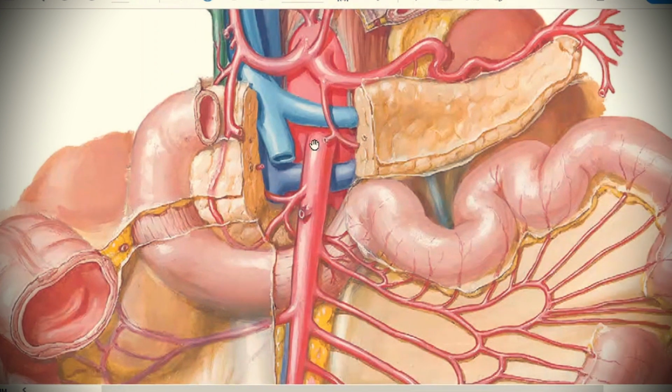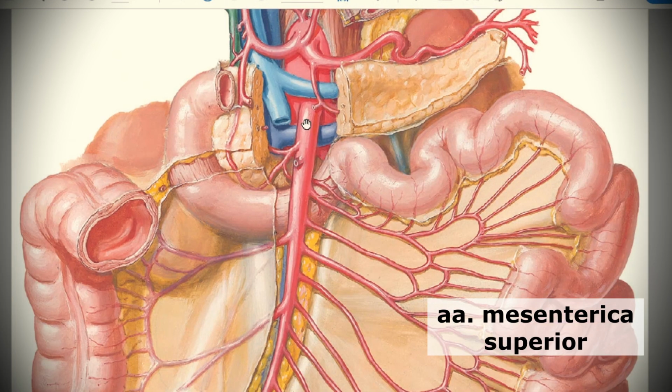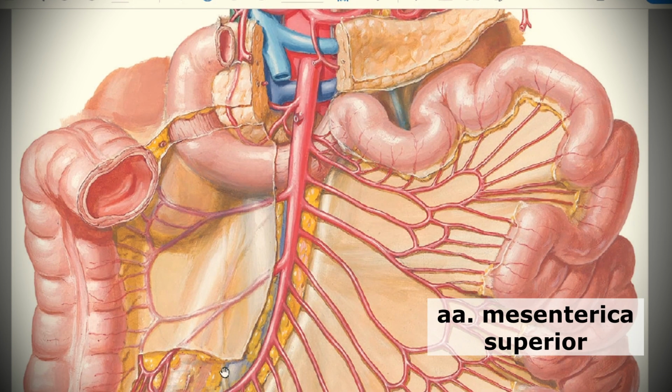Here, on the level of the first lumbar vertebra, from the aorta, there is the origin of arteria mesenterica superior. The superior mesenteric artery goes down, crosses the left kidney vein, enters the mesenterium and gives a lot of branches.